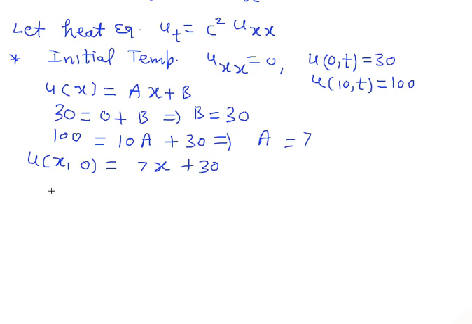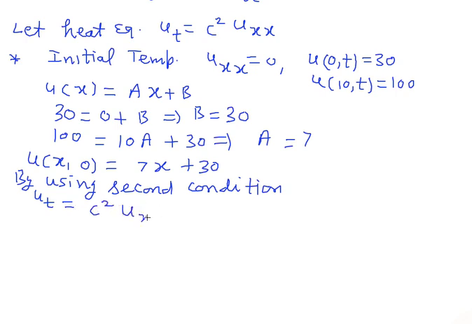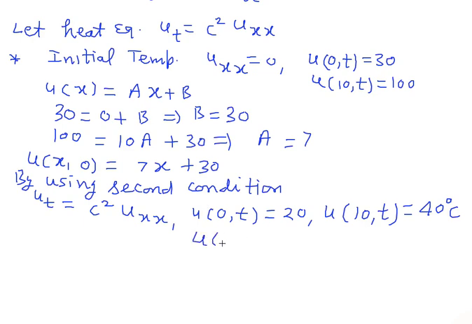So the non-homogeneous differential equation, using the second conditions after the steady state, is u_t equal to c squared u_xx, with the conditions u(0,t) equal to 20 and u(10,t) equal to 40 degrees centigrade, and u(x,0) equal to 7x plus 30.